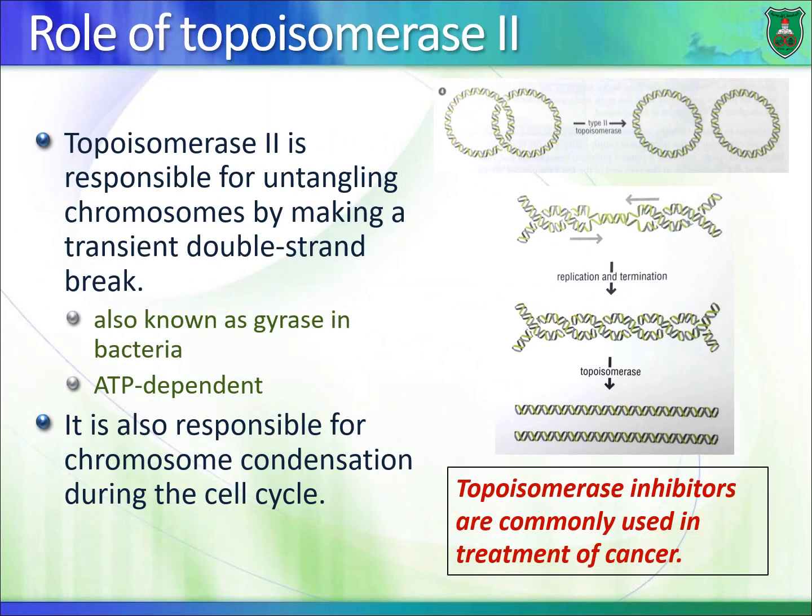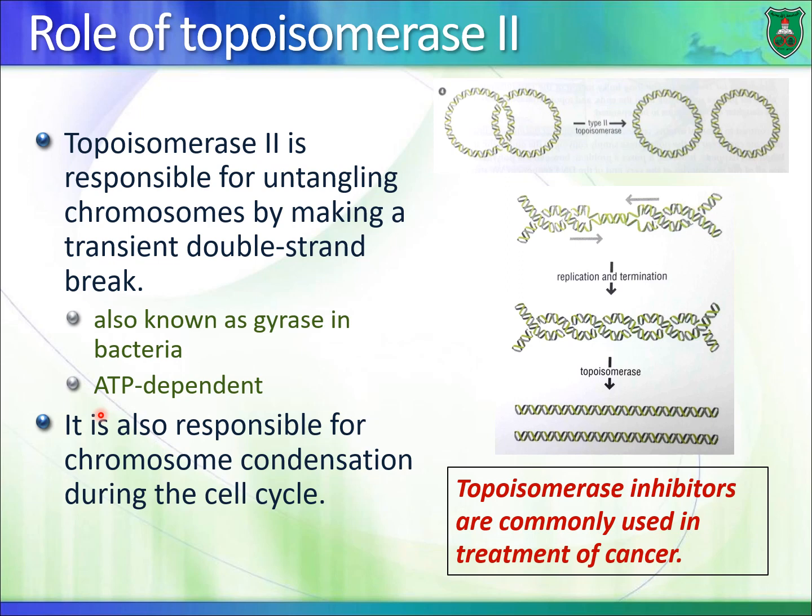Now the problem is, whether we're talking about bacterial DNA or eukaryotic DNA or human DNA, that the chromosomes become tangled up. Okay, they become tangled up, and they must be separated from each other. And that's why we need the other topoisomerase, which is known as DNA topoisomerase 2, and it's also known as gyrase in bacteria. It requires ATP, which is different from topoisomerase 1.